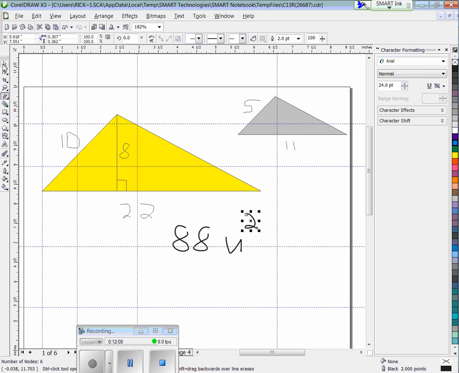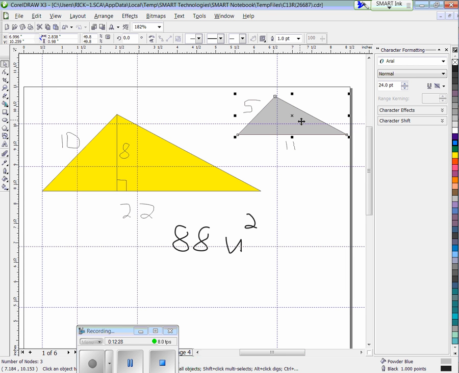So remember, this purple triangle, each side is half the size of its corresponding side. Agreed? So don't say anything out loud, what do you think is the area of the purple triangle?